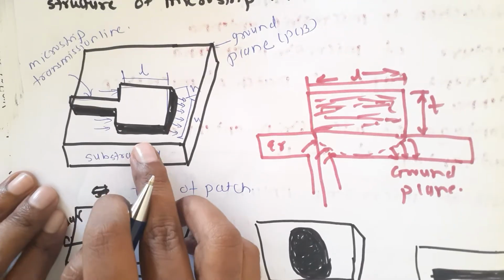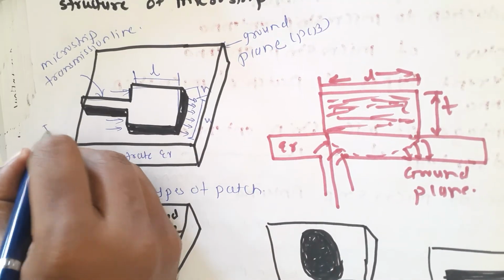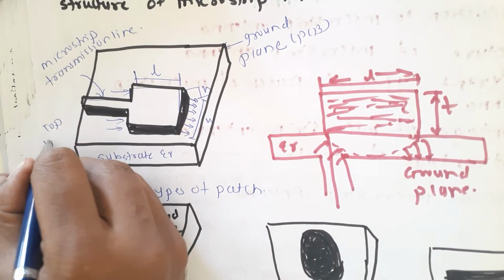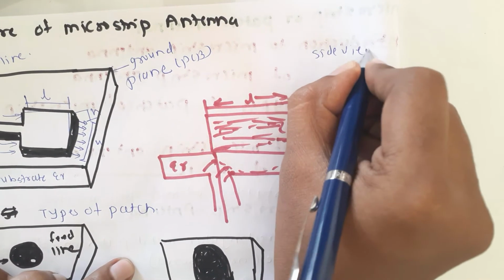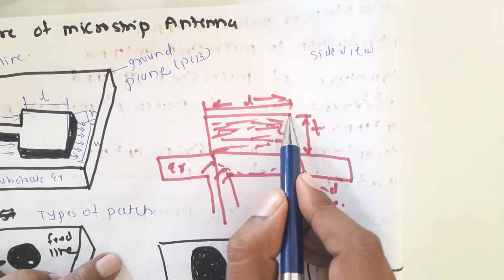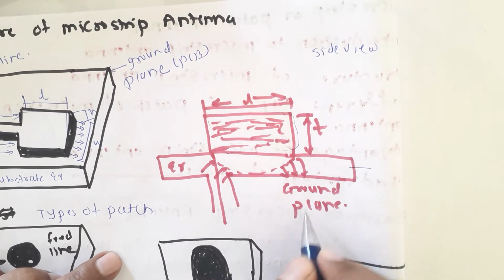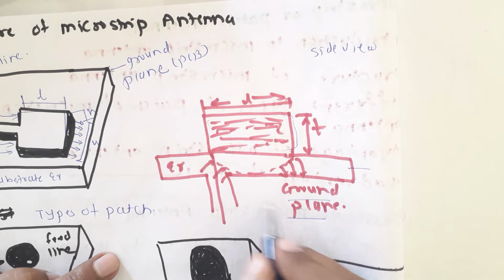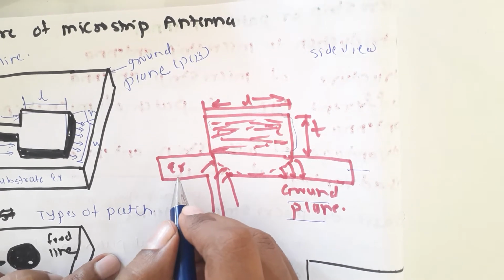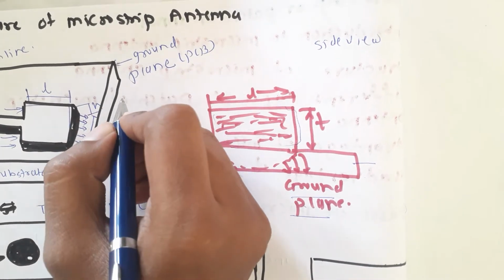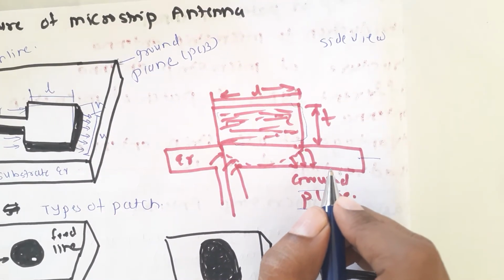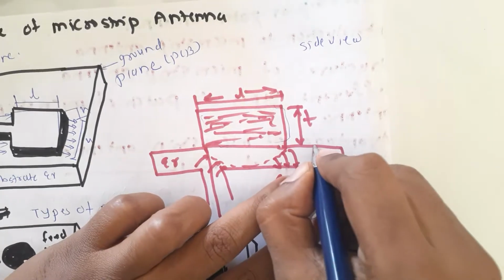Here this will be the top view. We will call this the top view, and looking from the side view we will see this is a rectangular patch which will be mounted on a ground plane. Again it has an epsilon r relative substrate, and that substrate is called the dielectric substrate.